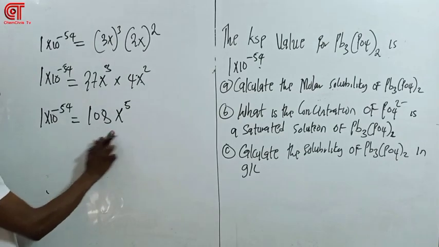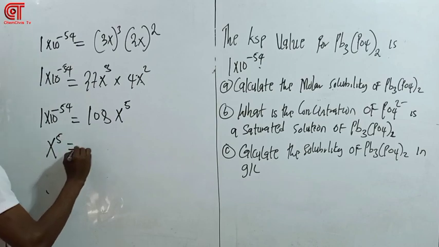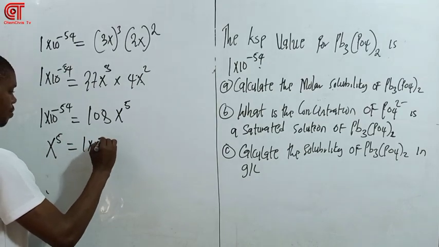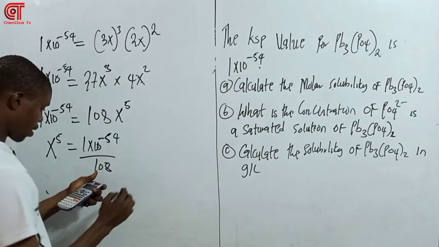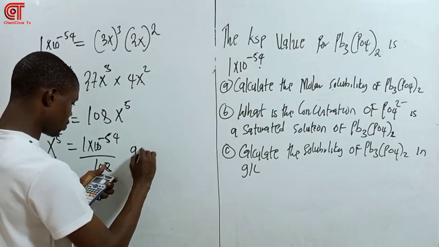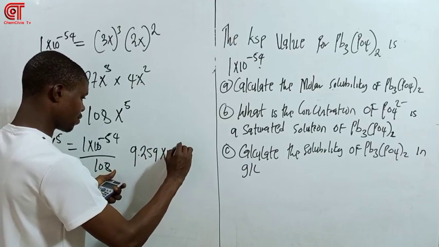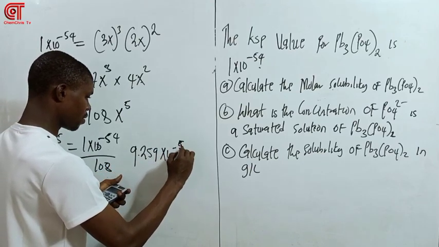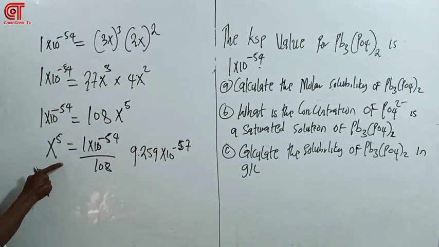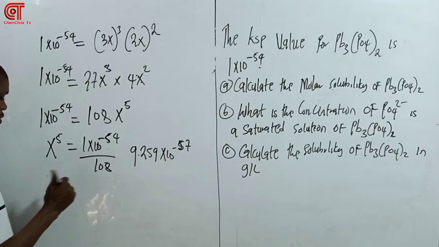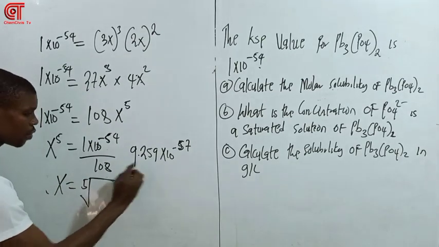So x^5 equals 1 × 10^-54 divided by 108, which is 9.259 × 10^-57. So here I want to take the fifth root of this number. So x equals the fifth root of this number here.